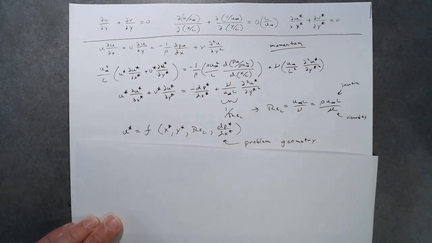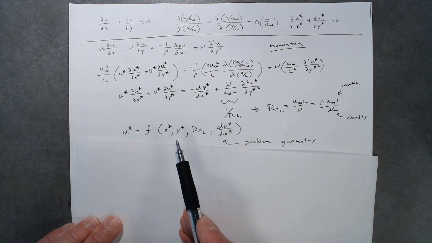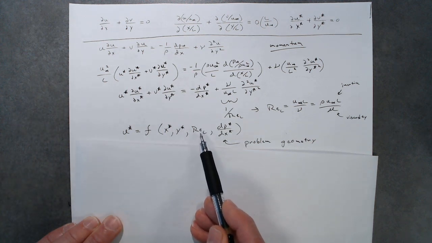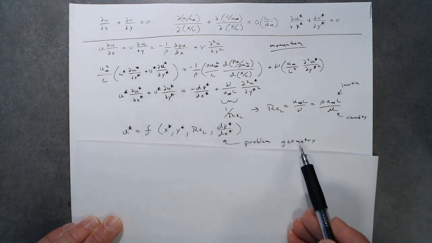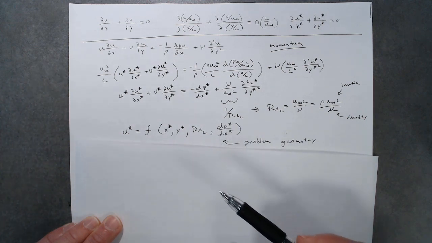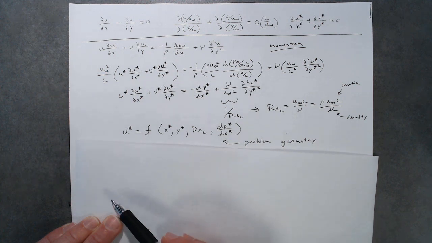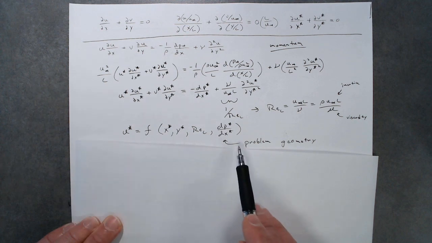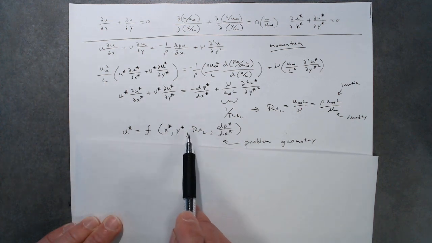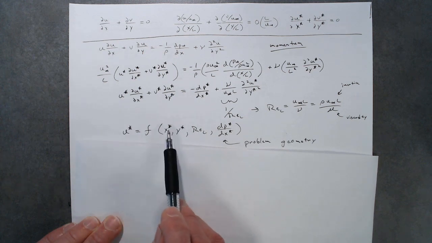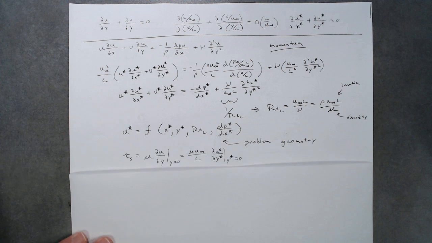But what we want to really pay attention to is that if I know the Reynolds number and I fix the problem geometry, and really that includes the type of boundary conditions that are applied to that geometry, what the boundary conditions look like, if not their absolute magnitude, then I am able to say what the flow looks like at any given non-dimensionalized position.